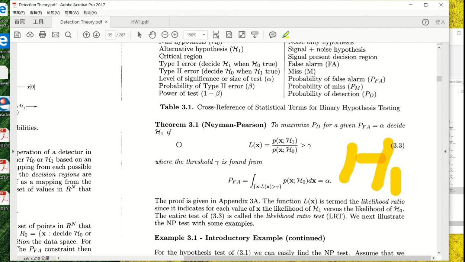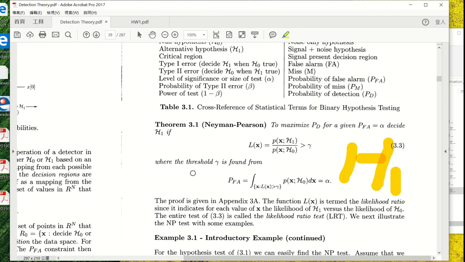So as a result, after some mathematical derivations, we decide H1 if the likelihood ratio is larger than gamma, and the likelihood ratio is P of x conditioned on H1 over P of x conditioned on H0.